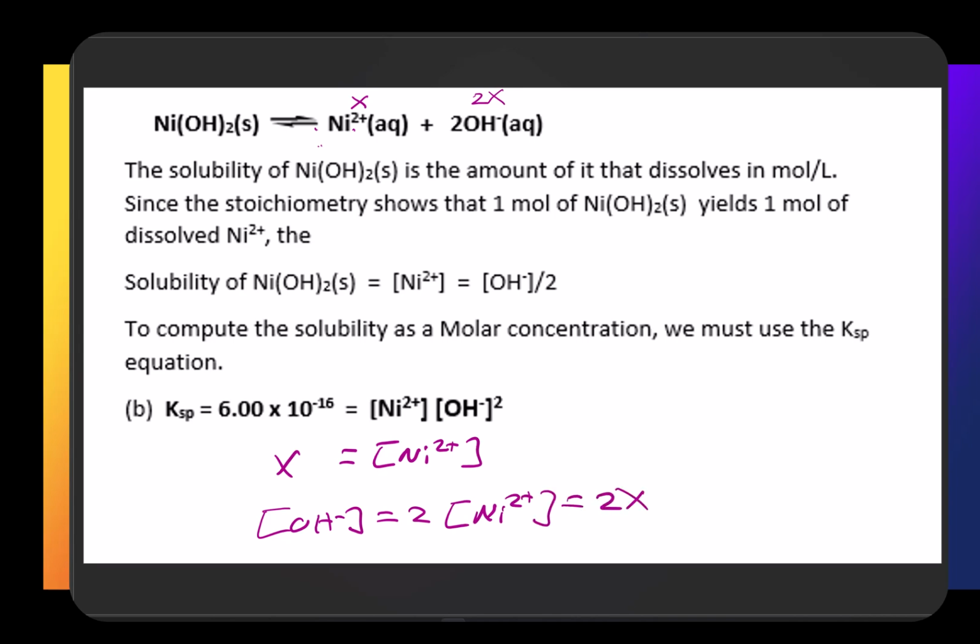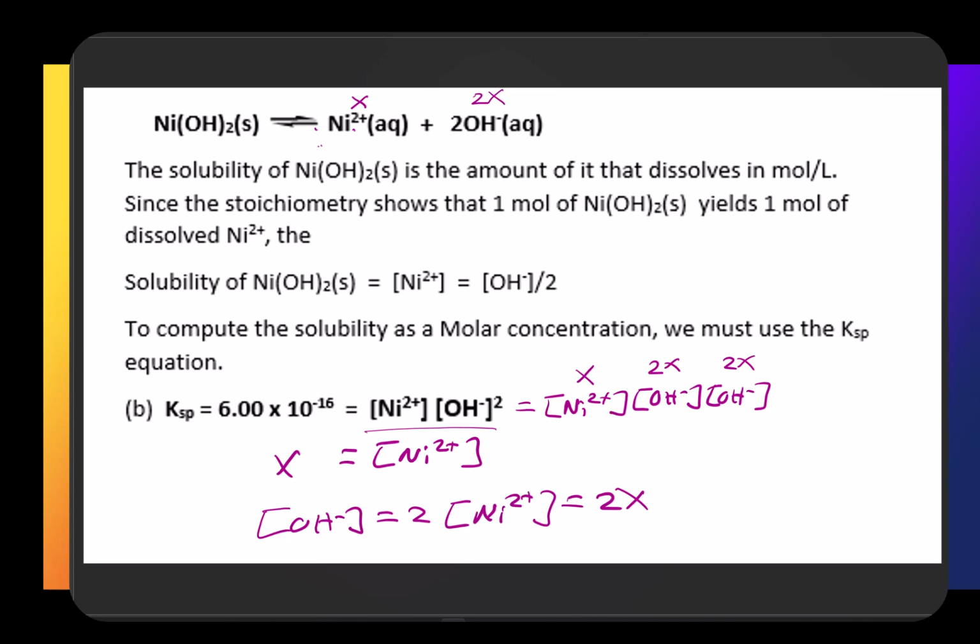So when we plug that into this expression here, some students have trouble looking at the algebra. So remember that you could take this formula and rewrite it this way. When you square something, it means you multiply that something by itself. Then we could substitute in X for the nickel and 2X for the hydroxide a second time.